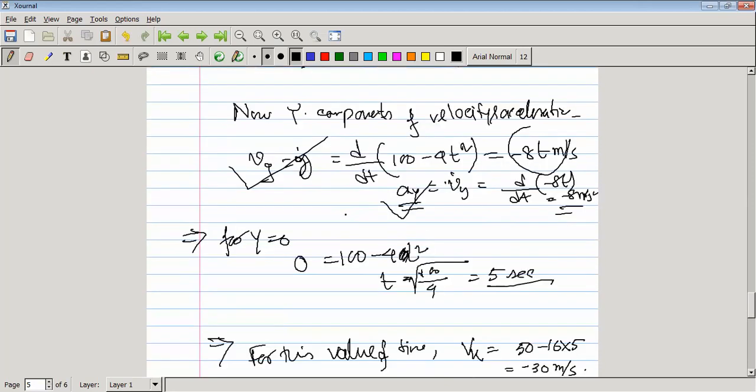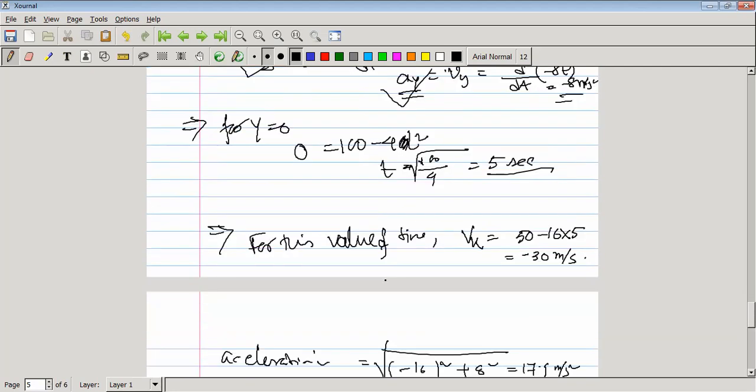As per the question, for y equal to 0, what should be the velocity and acceleration? So put y equal to 0, and from here we get that after 5 seconds of moving, the particle has y equal to 0, right?